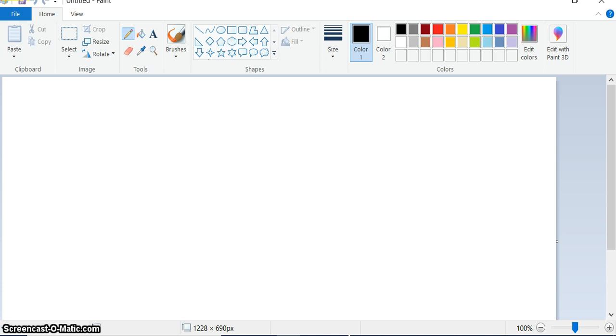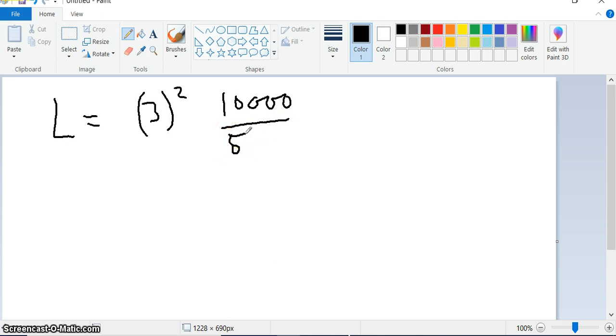So the luminosity is going to equal 3, remember you square the radius, as long as it's in solar units, which it is, times the temperature in solar units, so 10,000 divided by 5,800.